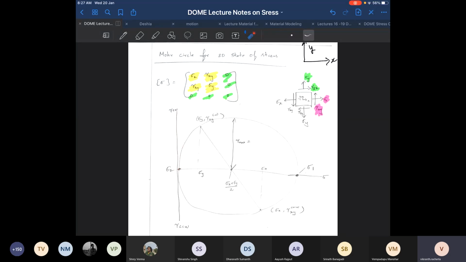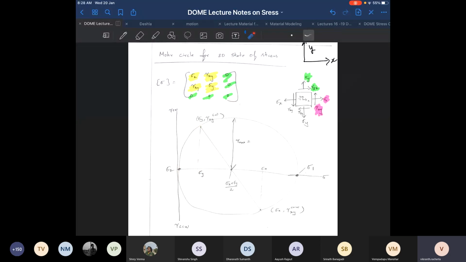So for x, as you can see from over here, tau xy is causing a counterclockwise moment. So fine. So you mark this point based on whatever is the magnitude of sigma x and magnitude of tau xy. And similarly, you mark this point based on whatever is the magnitude of sigma y, and then based on whatever is the magnitude of tau xy.